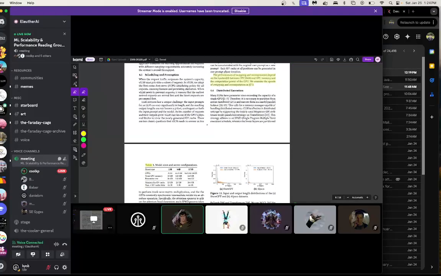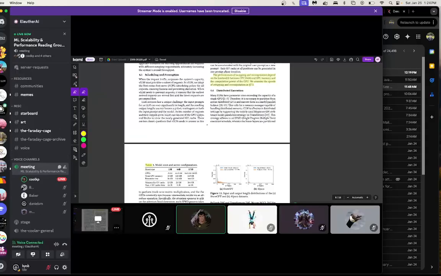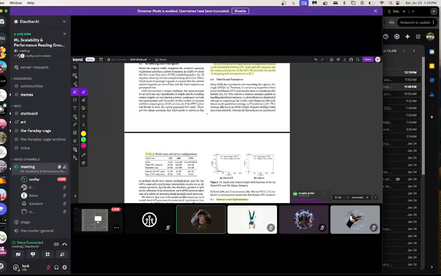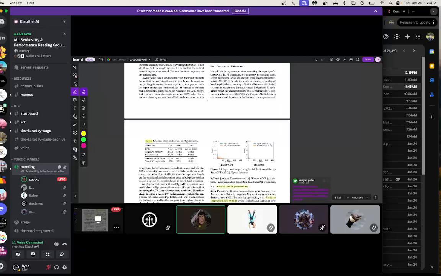Distributed execution. Many LLMs have parameter sizes exceeding the capacity of a single GPU. It's necessary to partition them across distributed GPUs and execute them in a model parallel fashion. This uses tensor parallelism, as produced in Megatron-LM. We went over that here.